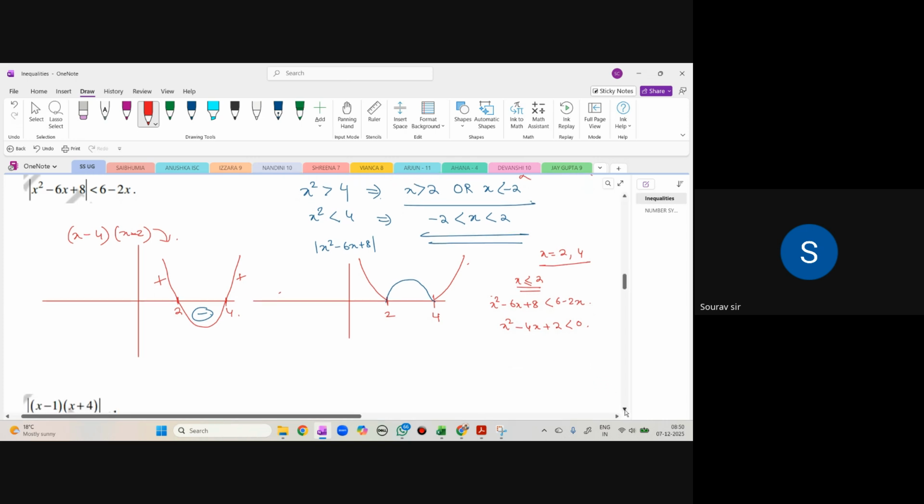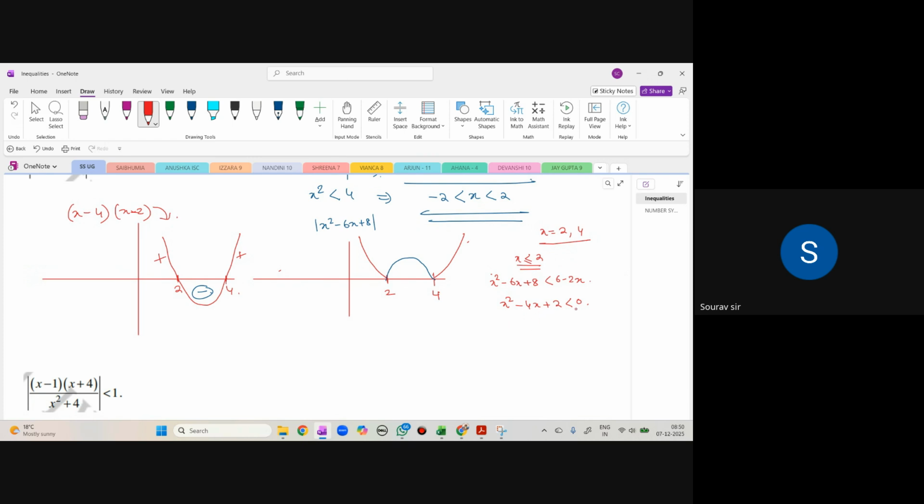So what would be the solution of this? How do you solve this? x square minus 4x plus 4 minus 2 less than 0, x minus 2 whole square minus 2 less than 0, x minus 2 whole square less than 2.